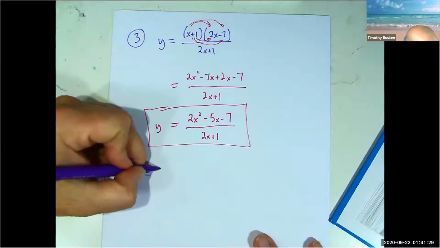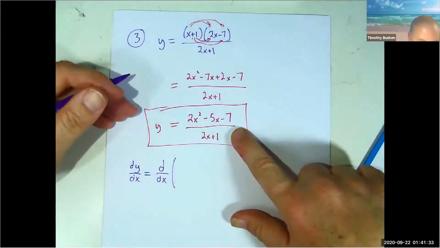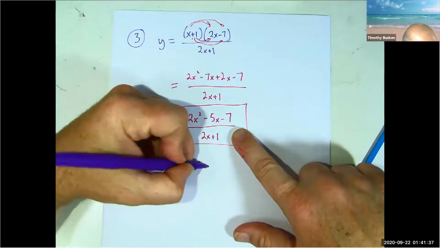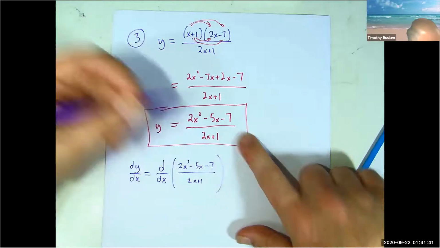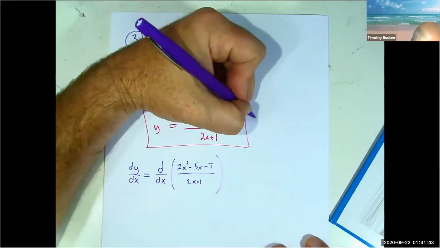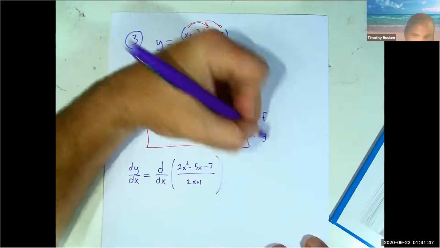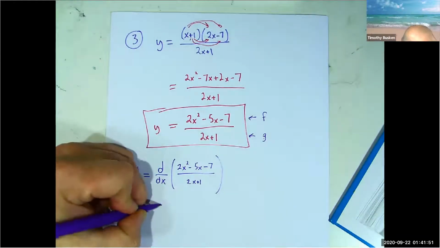And that's just, of course, going to be the derivative of all of this stuff here. And I think we'll just go ahead and use the quotient rule on that. And so I think what we're going to do is label that numerator our f and the denominator our g, so that we can write the quotient rule.